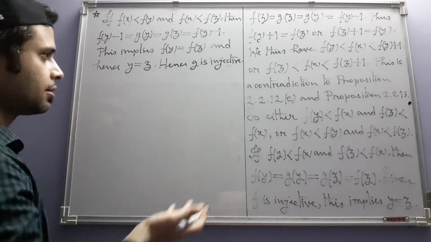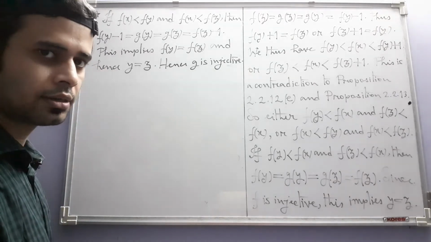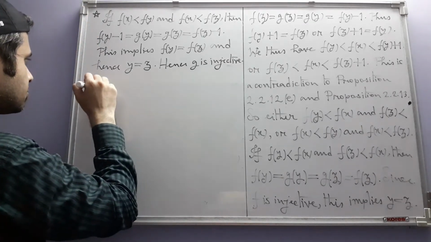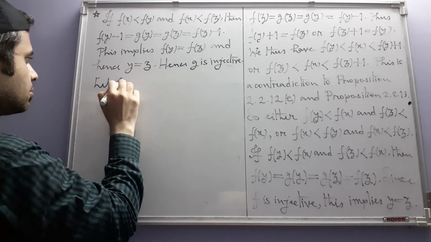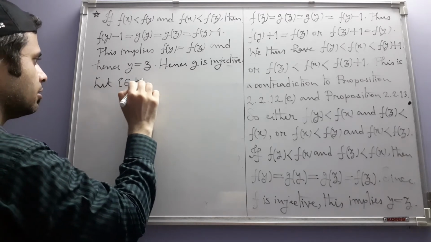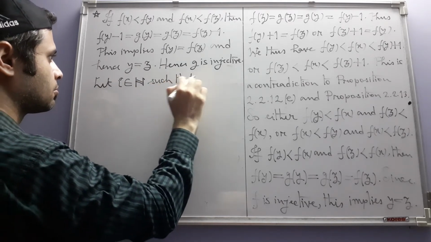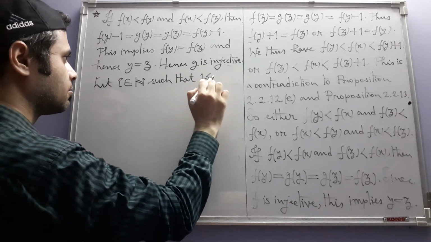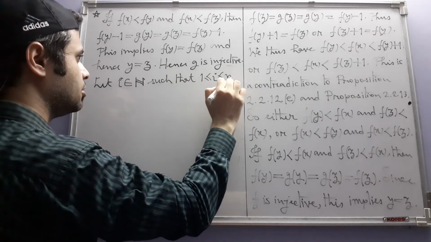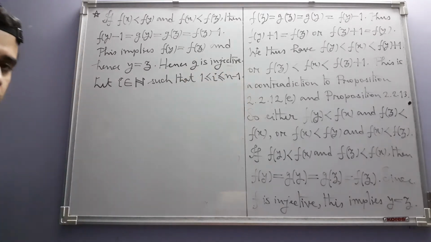So we start by considering any element in the range of g. Let I be a natural number such that I lies between 1 and n minus 1. Okay.